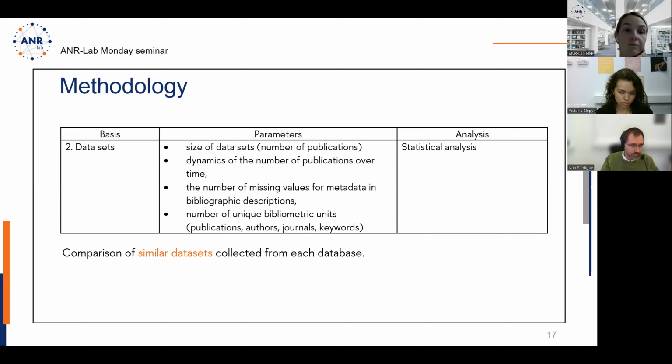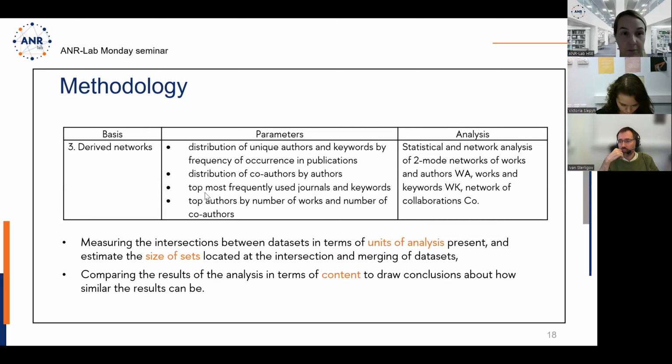So how many publications, authors, journals, keywords, and so on we can get from these two databases. And we used statistical analysis here to make some comparison.